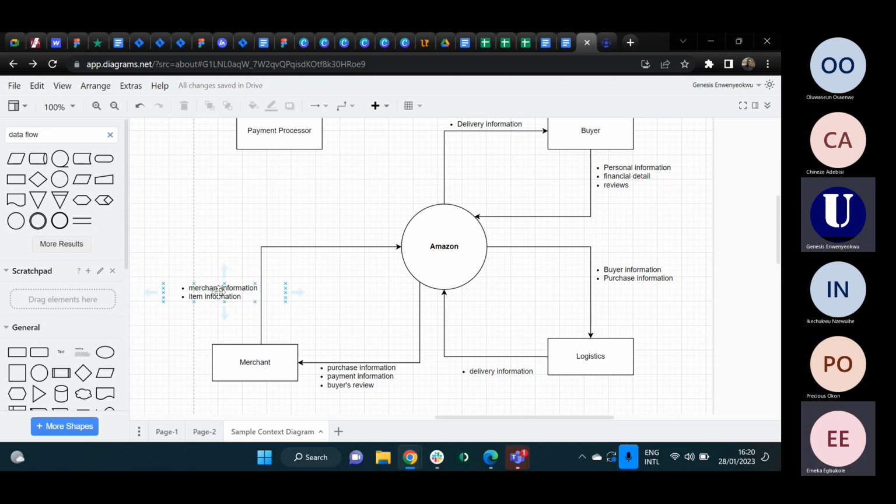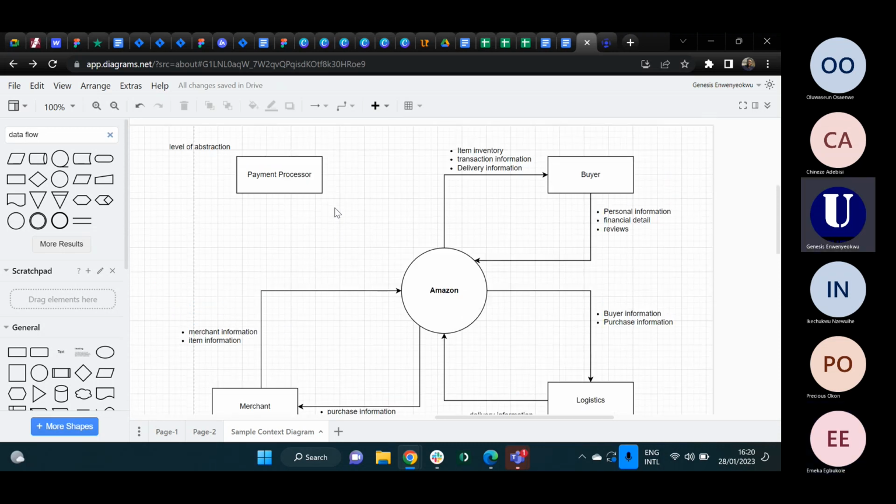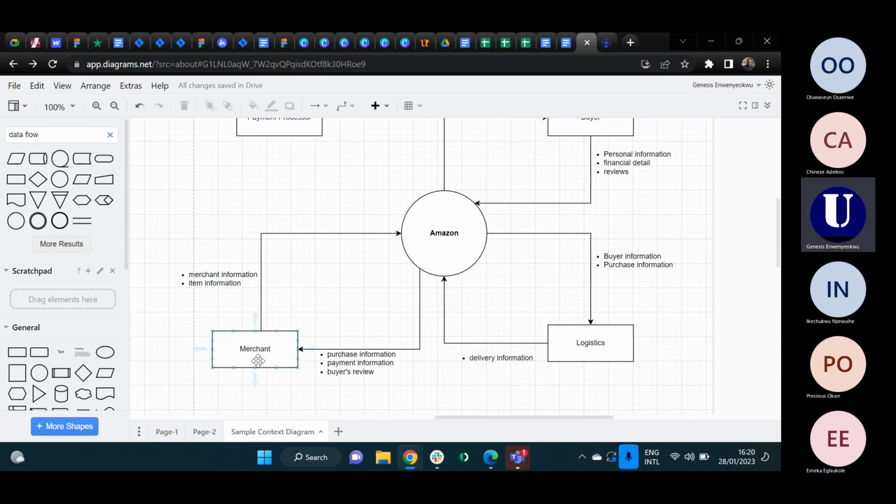What of logistics information? For logistics, it's pretty much not the concern of the merchant, except maybe the merchant is the one that delivers the goods themselves. Sometimes Amazon doesn't hold the product. The items most times are with the merchants.